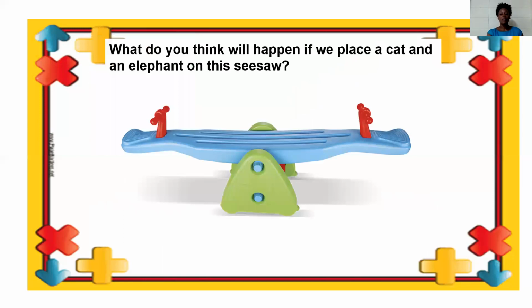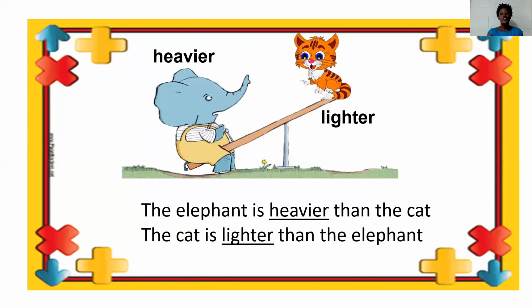In this picture, we have a seesaw. What do you think will happen if a cat and an elephant sat on opposite ends of this seesaw? Did you say you think the side with the elephant will go downwards?